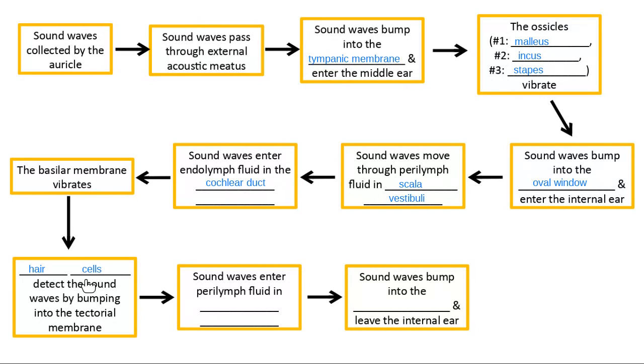By the way, a bunch of other special senses also use hair cells. Who else uses hair cells besides hearing? Yep, smell. We've got olfactory hair cells and gustatory for our taste. Yep, and then our equilibriums as well, right? So static equilibrium and dynamic equilibrium. Here's kind of a big picture way to think about those hair cells.